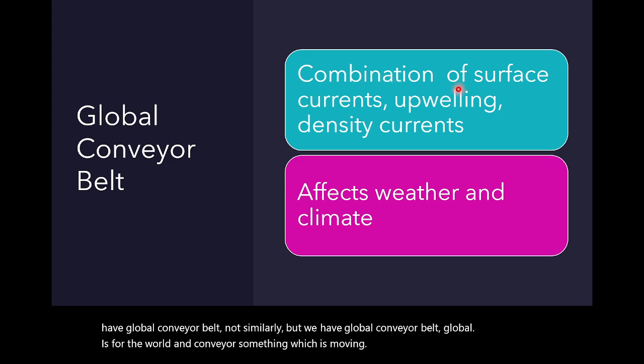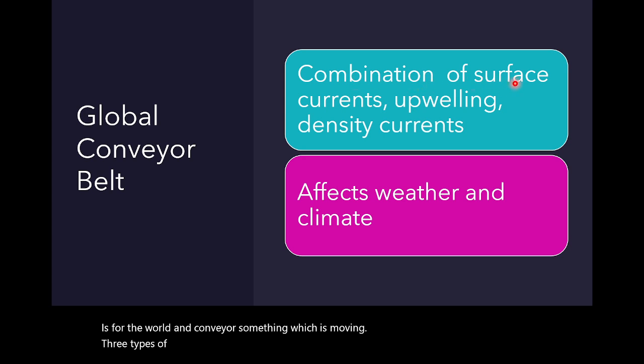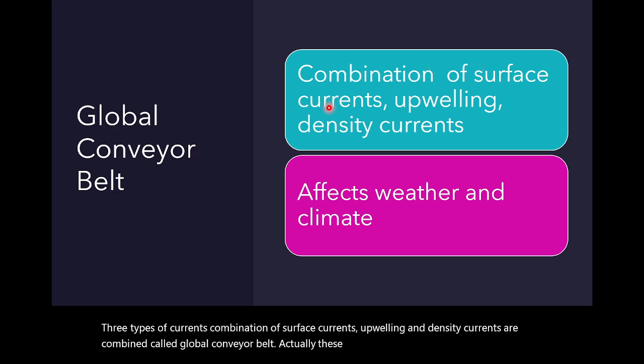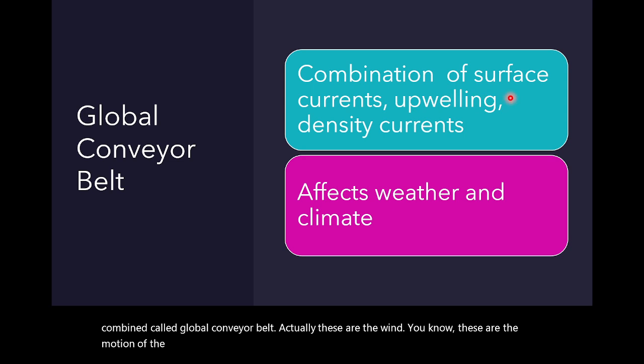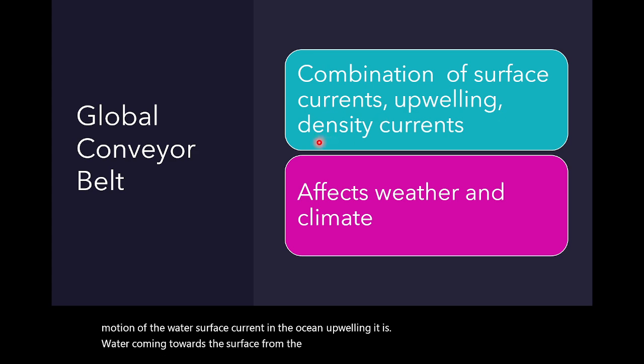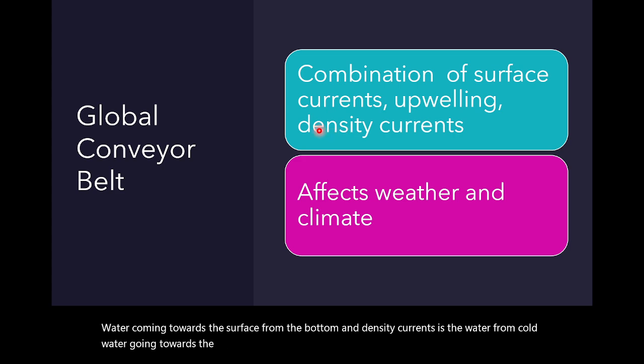Three types of currents, a combination of surface currents, upwelling, and density currents, are combined and called the global conveyor belt. Surface currents are the wind-driven motion of the water in the ocean. Upwelling is water coming towards the surface from the bottom, and density currents are water moving between cold water and hot water, because of the temperature difference.